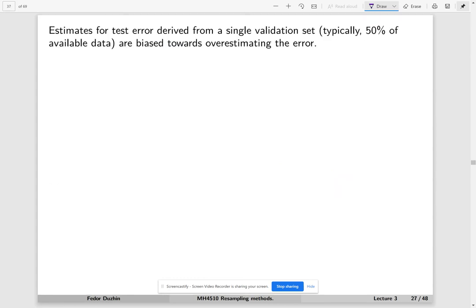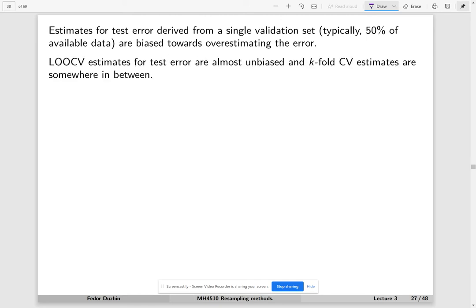But the main idea here is that if we estimate a test error by just doing a single validation set, which is 50% of all the available data, then we tend to overestimate the error, because our models are just not very accurate, since we only used half of the available data to train them.